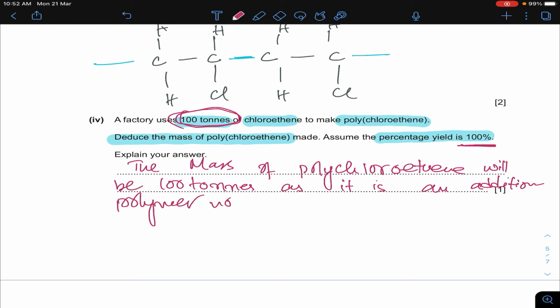So nothing is added or lost. So whatever is the mass of monomer, we get the same mass of polymer, theoretically. Practically, we would get less than that because there will always be some sort of wastage. So we get less than that, but theoretically it would be 100%.